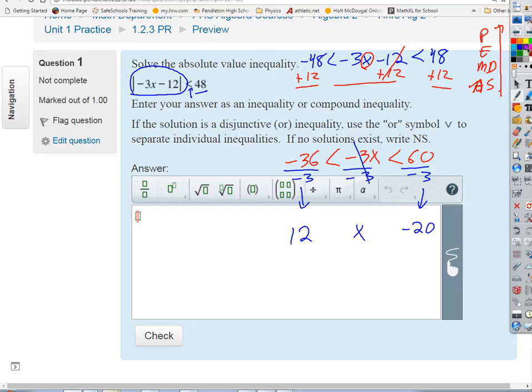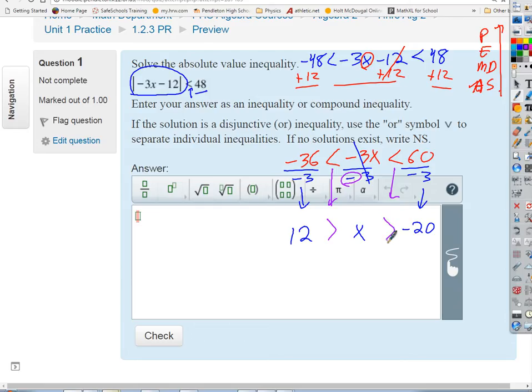But remember, there's a special rule that we're required to use when we're doing algebra with inequalities instead of equations. Whenever we divide an inequality by a negative, or multiply an inequality by a negative number, we have to flip the direction of the inequality signs.